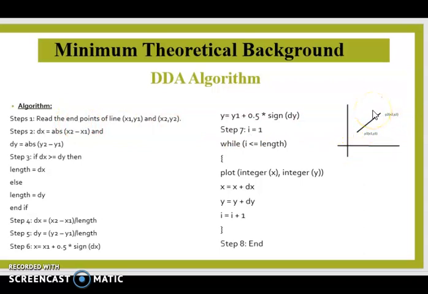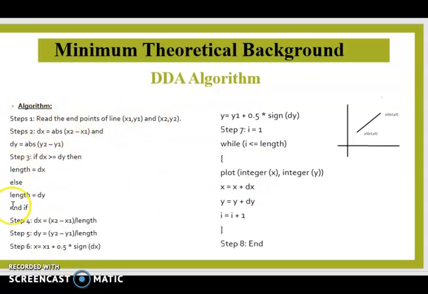Suppose this is your screen, and on this screen you have to draw this line. But to draw this line, you know only P1 and P2. In this algorithm, our task is to find the intermediate points of the line.